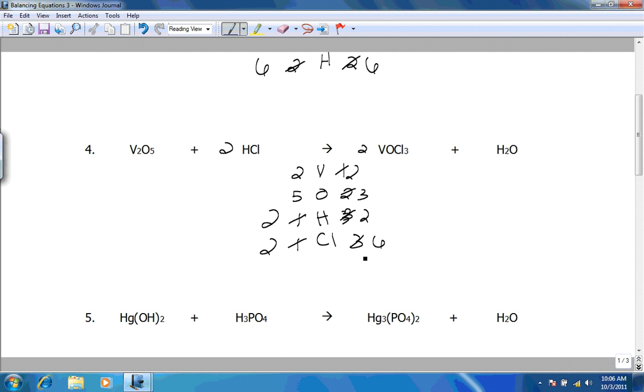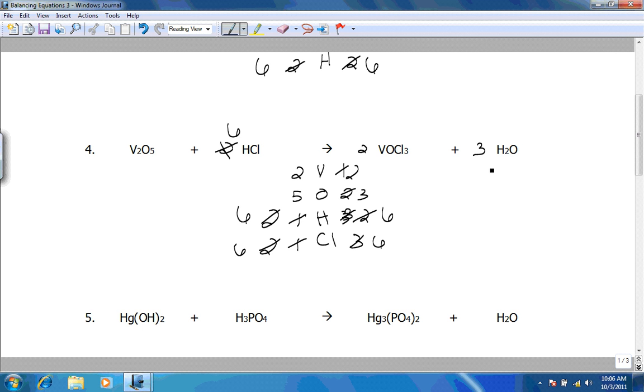So I can actually multiply my HCl by 6 to make me have 6 chlorines. That also then changes the hydrogens. So in order to get 6 hydrogens on the right, I need to multiply that by 3. So that means I have 6 hydrogens on the right.